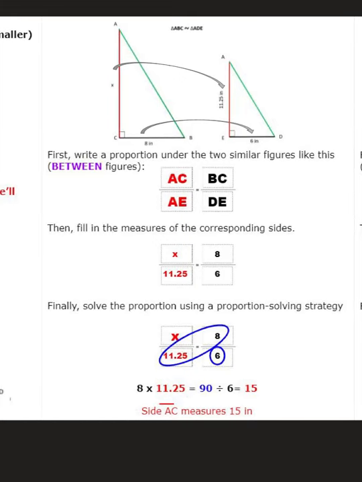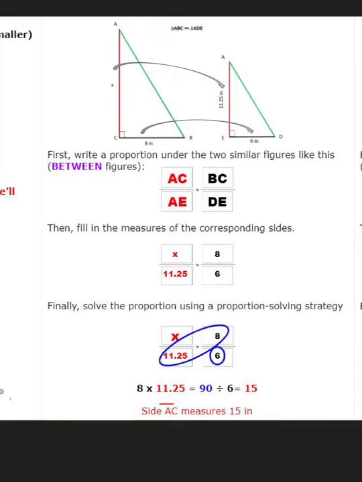Okay, so on this one, again, just like before, I did this one between the figures. So the big red over the small red, the big black over the small black, x over 11.25, 8 over 6, solve that proportion, cross multiply, 11.25 times 8, then divide by 6, and you get 15 for the missing side length.